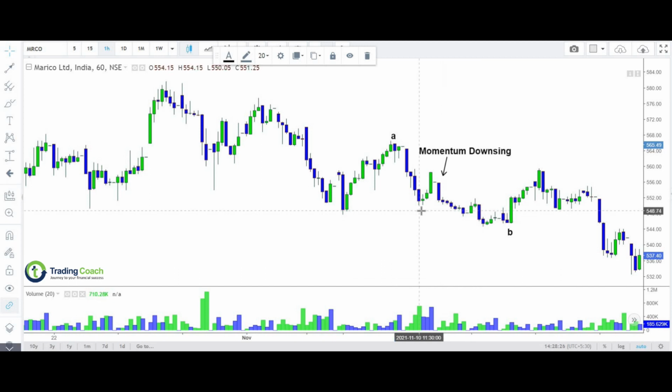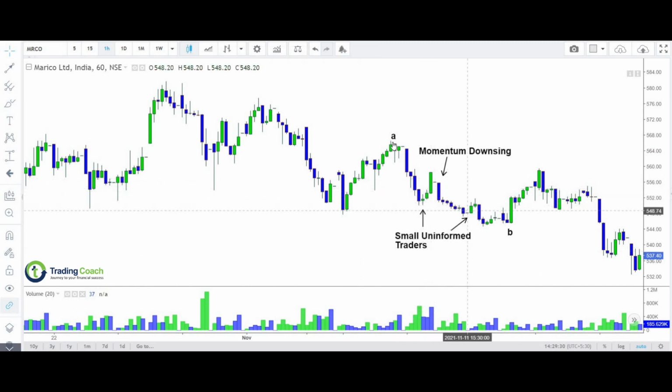Most of them are going to be uninformed traders, and we know what happens when uninformed traders trade against the momentum downswing. They are going to get crushed in the market. All these minor corrections within this downswing are a good example of small uninformed traders trying to take positions against the downswing.